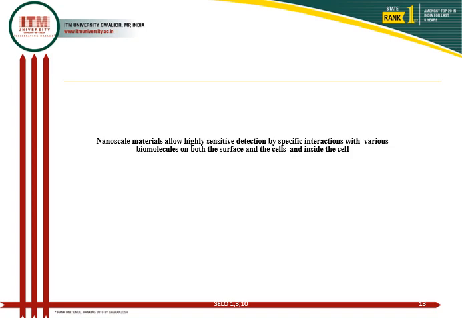If we have nanoscale materials, then it can allow highly sensitive detection by specific interaction with various biological molecules, whether on the surface or inside the cell. At nano level, the detection and sensing are very high. So we need nanoscale materials for increasing the sensitivity and the detection.